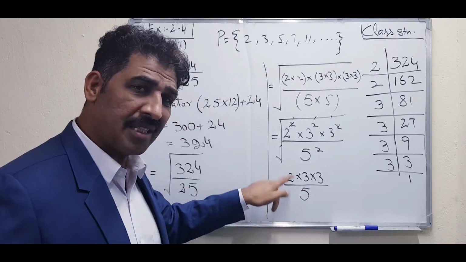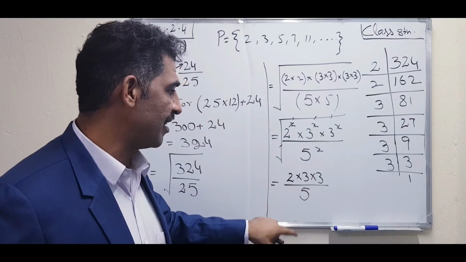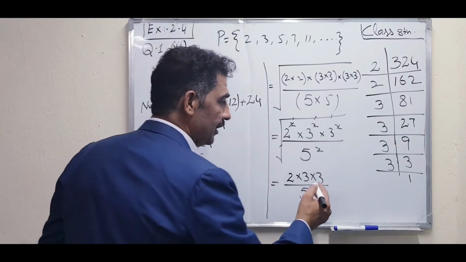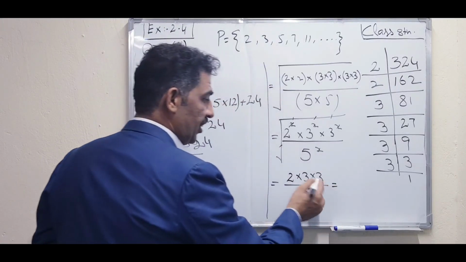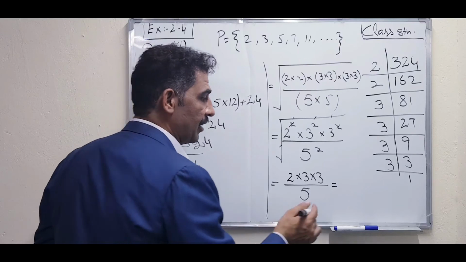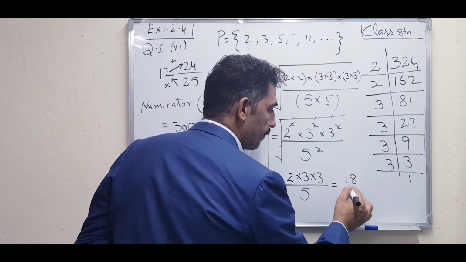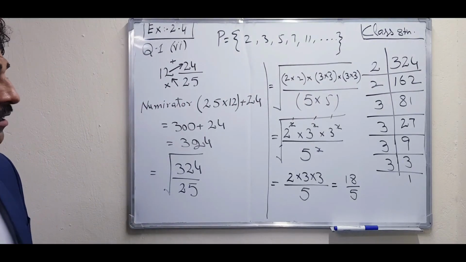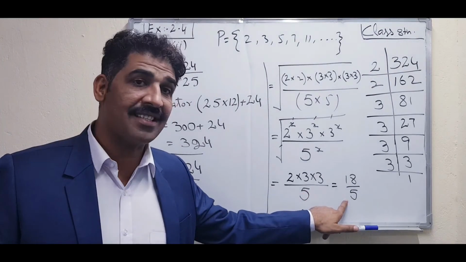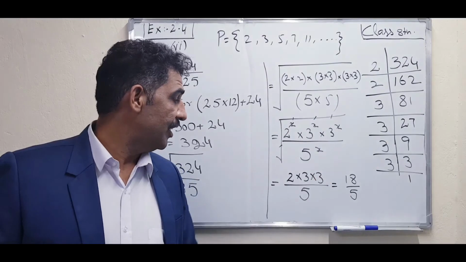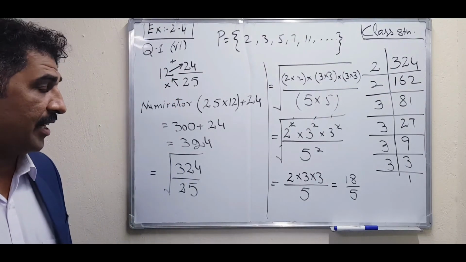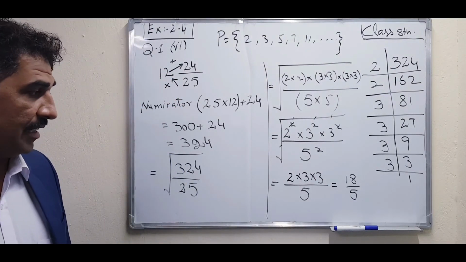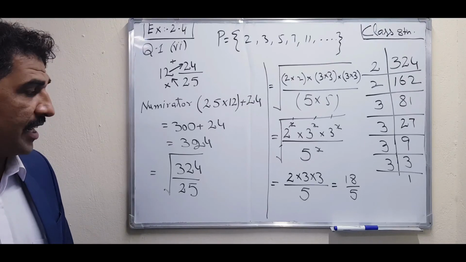If it is possible to cancel some terms, then you can cancel, but there is no term possible to cancel. So you will write 3 threes are 9, 9 twos are 18. That is an improper fraction, meaning the denominator is less.